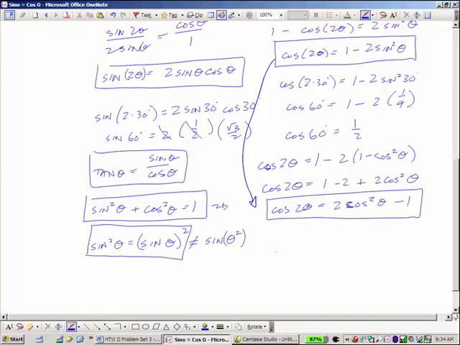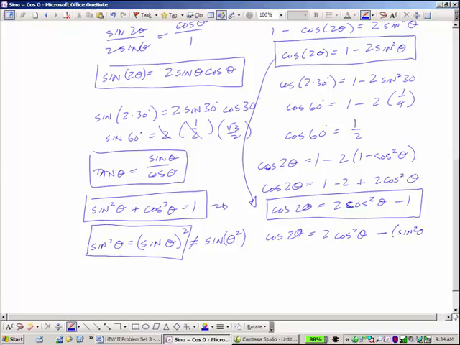Is there another way of writing it? There is. There's more. Cosine of 2 theta is equal to 2 cosine squared theta minus, instead of writing 1, guess what 1 is equal to?